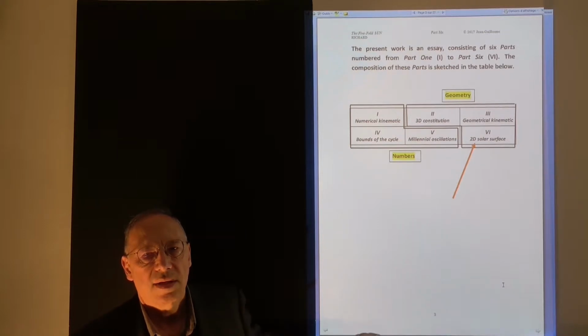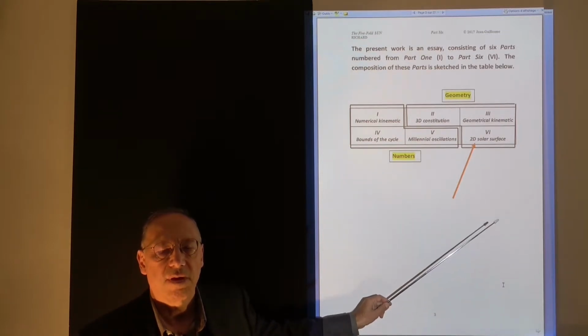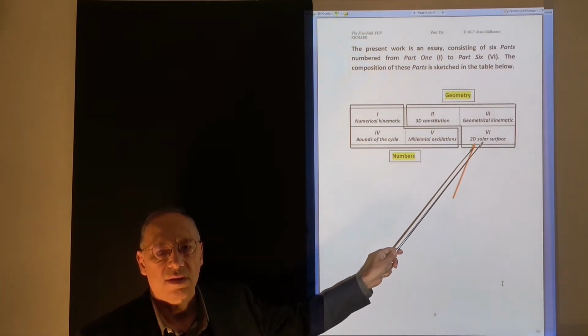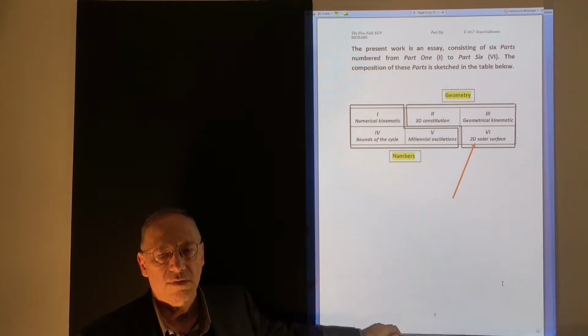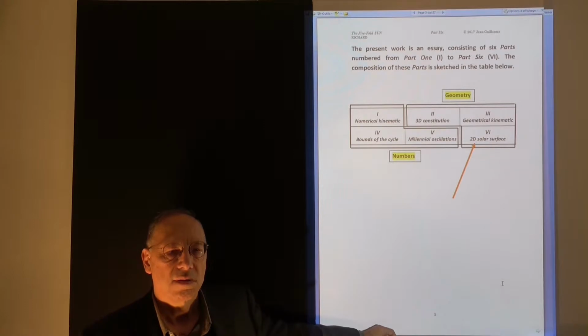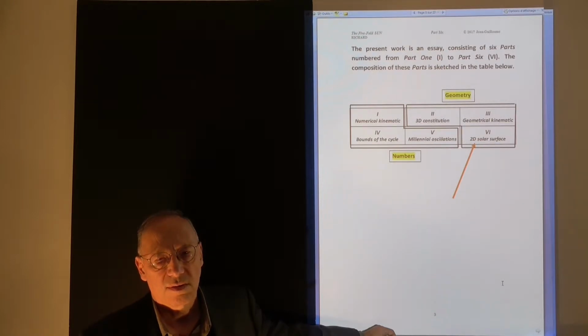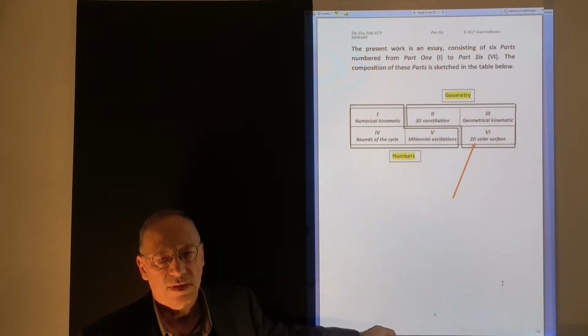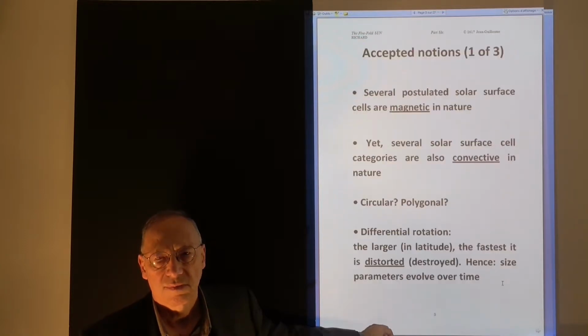We are now back into a part of the Fivefold Sun as a book which deals with geometry, the two-dimensional solar surface, after an excursion into numbers and kinematics through the bounds of the solar cycle, its millennial oscillations. After we started in part 2 with the 3D constitution of the Sun, now we are in 2 dimensions at the solar surface.